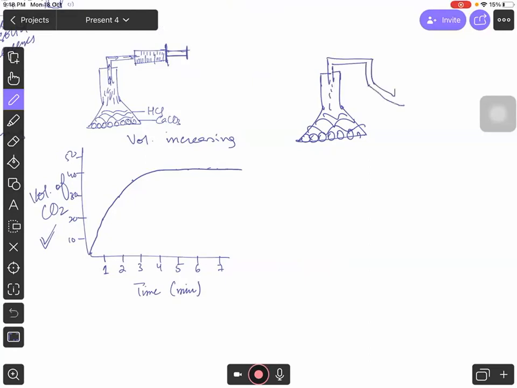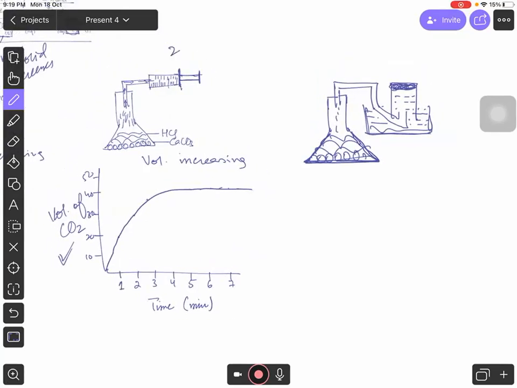In this apparatus we just use a gas jar in this way, and we can use this apparatus for the gases that are insoluble in water, right? The gas liberates over there, definitely collects in this, and starts collecting over there. So we can even use this apparatus for gases.